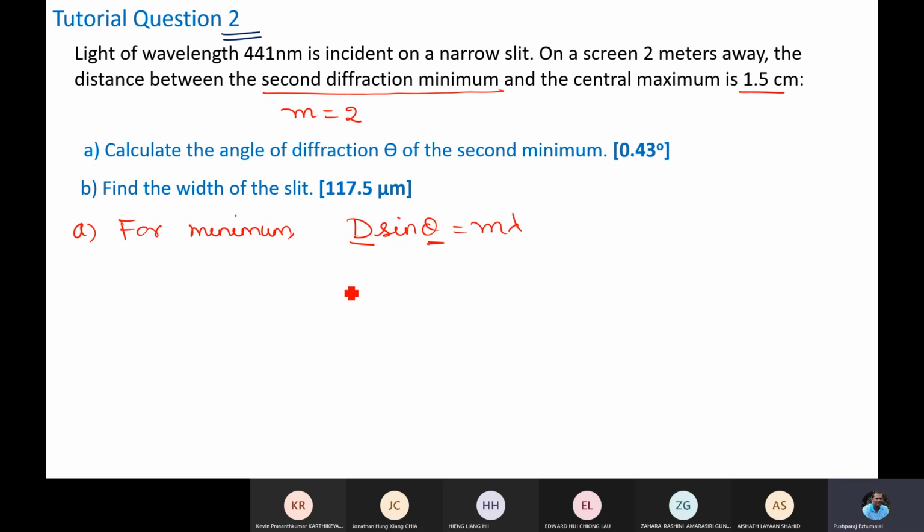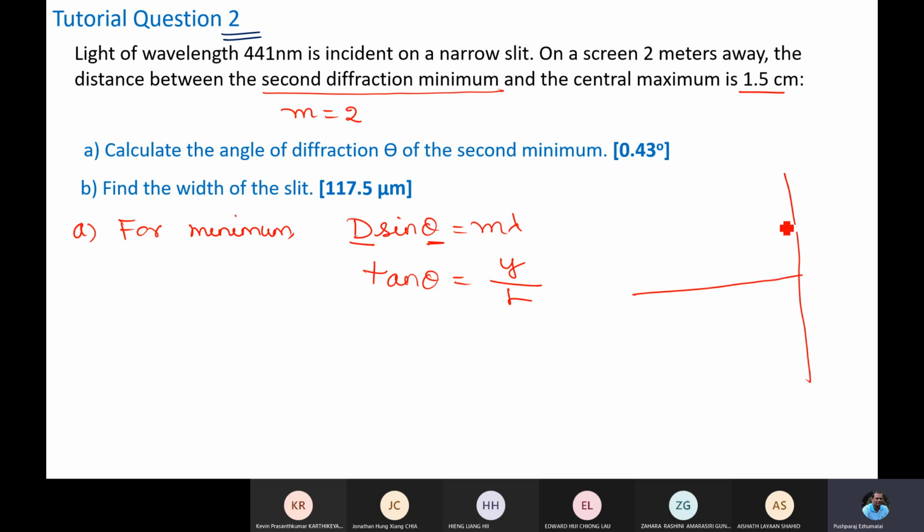Maybe we can use the tan theta formula. Tan theta equal to y divided by L. Here y is given, because the problem says from the central maxima up to the second dark, second minima.